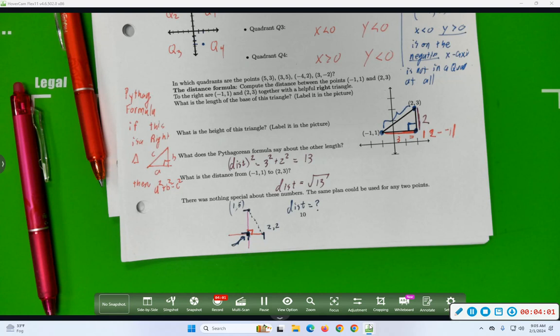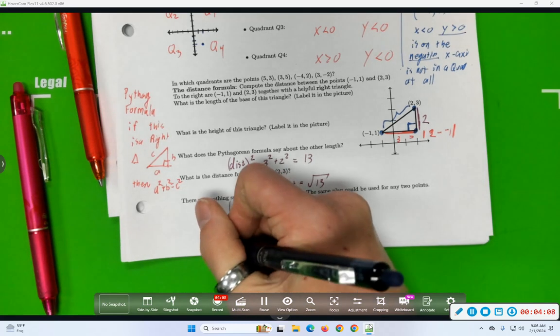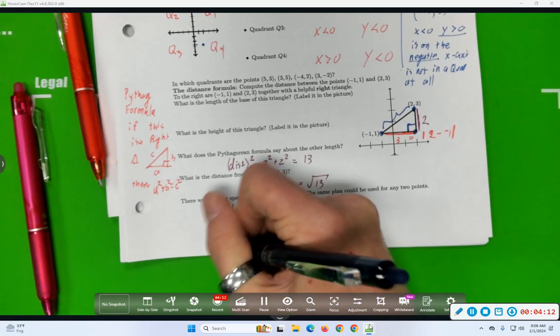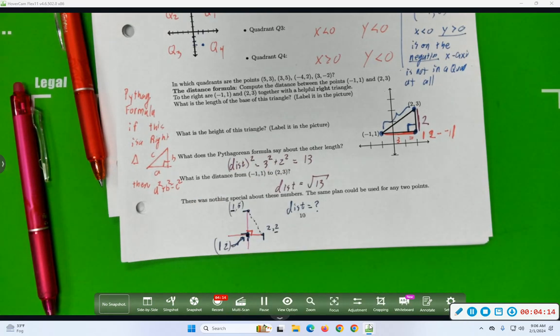What should the x coordinate of that point be? Yeah, 1, 2. Excellent. It should be 1, because it should have the same x value as that, and y value 2. So there are the coordinates of that point. Can you determine the height of that triangle?